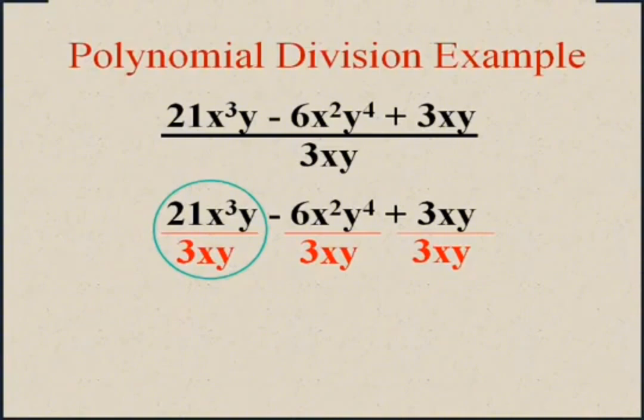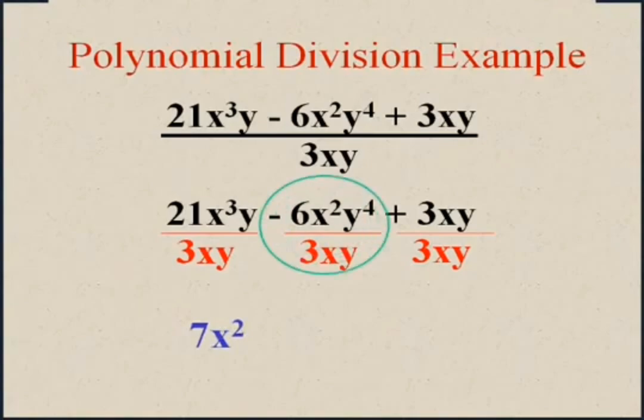X to the third divided by x to the 1st is x to the 2nd. And the y's cancel, so I get 7x squared. This one, 6 divided by 3 is 2. X to the second divided by x is x. And y to the 4th divided by y is y to the 3rd. So we end up with negative 2x y to the 3rd.